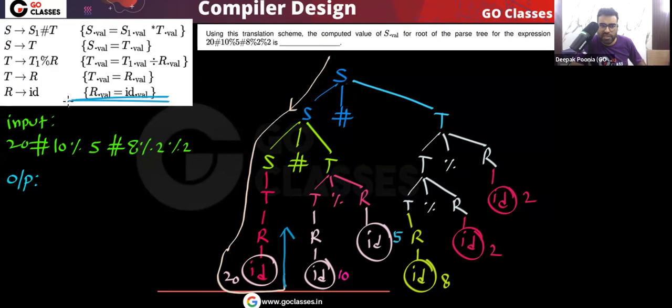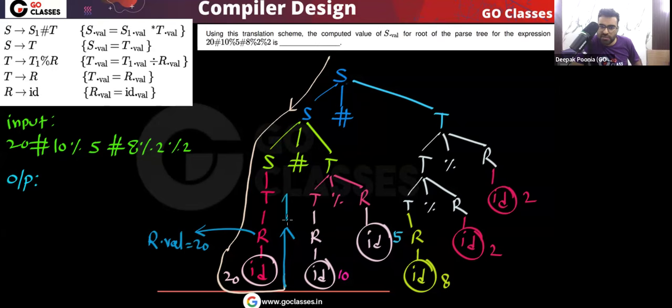So this r dot value will become id dot value, and id dot value is already 20. So r dot value will also become 20. Very simple.